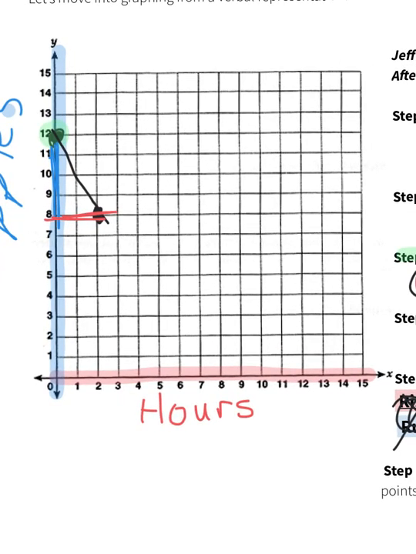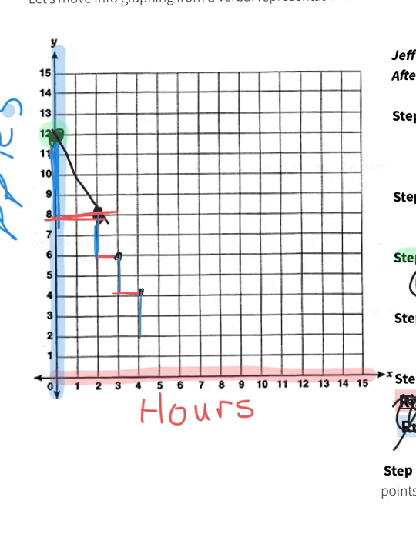And our slope is 2 over 1. So I would go down 2, over 1. That's a point on the graph. Down 2, over 1. That's another point on the graph. And so on.